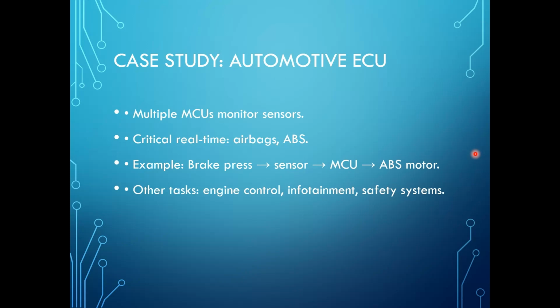It means it will stop the car, any vehicle. Other tasks it can also handle: engine control, safety systems, and infotainment. Automotive systems need high reliability, so ARM Cortex-M CPUs are used.